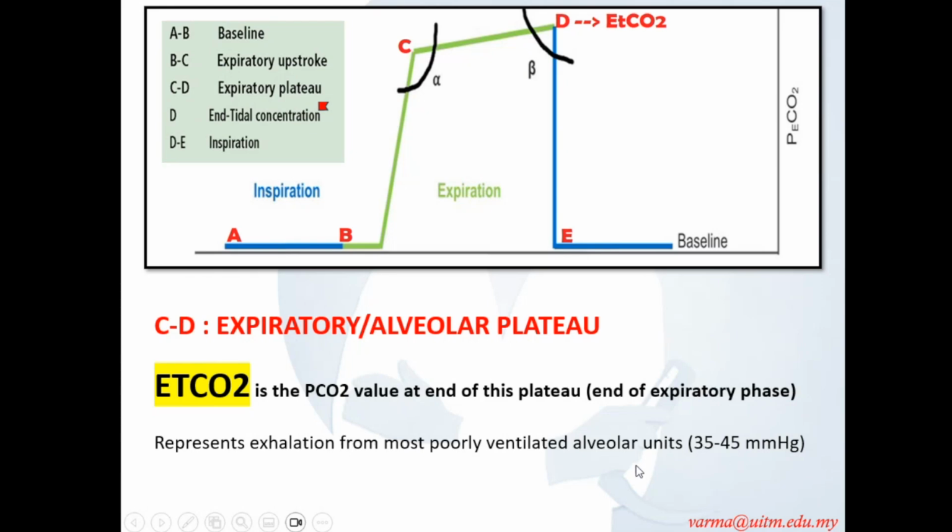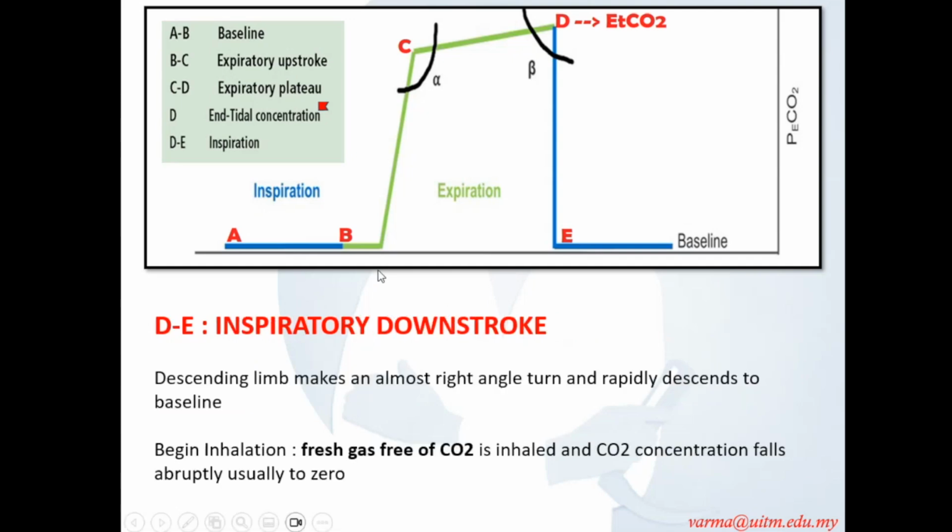The normal value we take as the same as PCO2, which is 35 to 45 millimeter mercury. Ideally, it is not the same as your partial pressure of arterial CO2, but in health, the differences are very small. So we take it as 35 to 45 millimeter mercury. The differences between arterial versus end tidal versus alveolar CO2 we'll discuss soon.